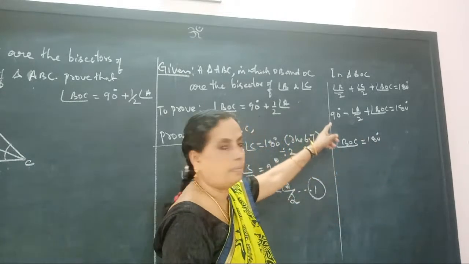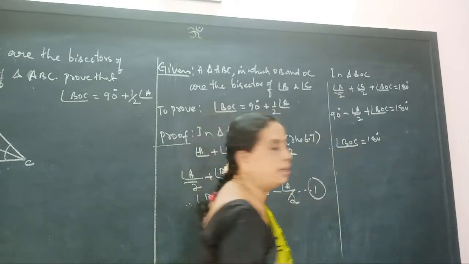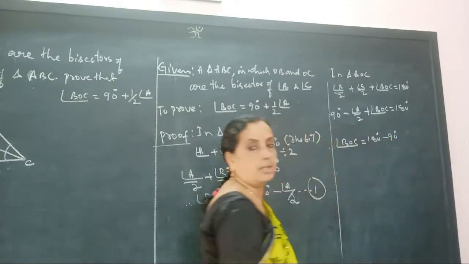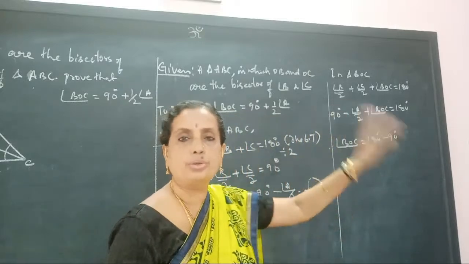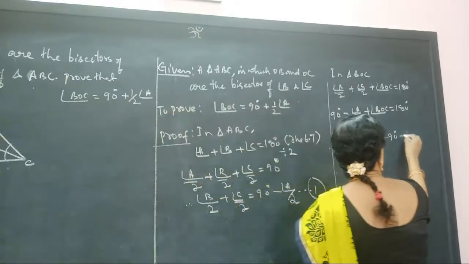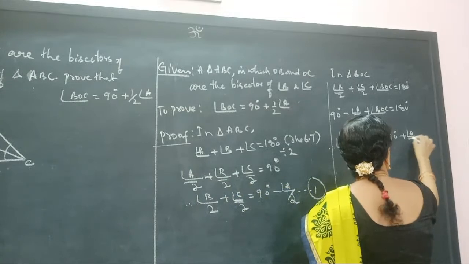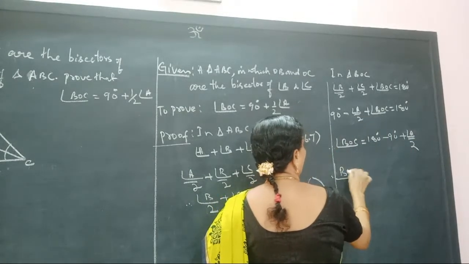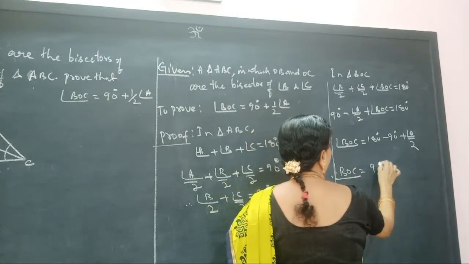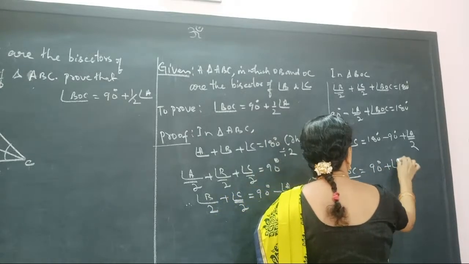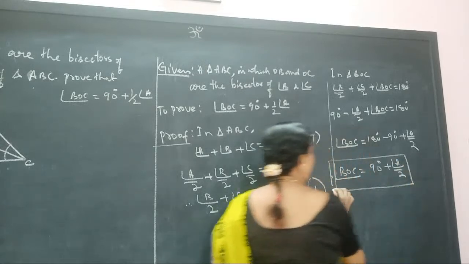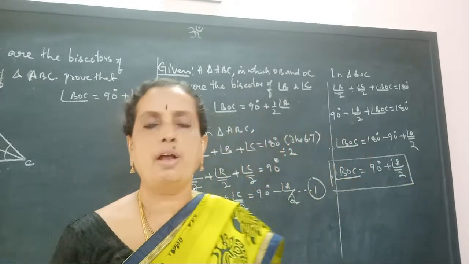I will transfer plus 90 to that side, it becomes minus 90 degree. I will transfer minus A by 2 to that side, it becomes plus angle A by 2. Then, angle BOC equals 90 degree plus angle A by 2. This is the result we required to prove, and we have proved it.